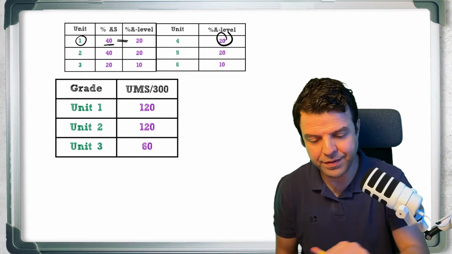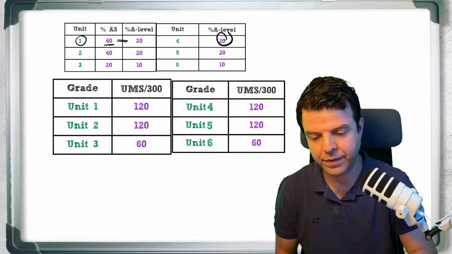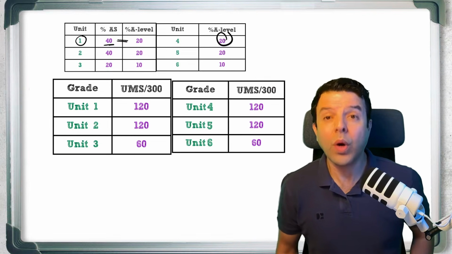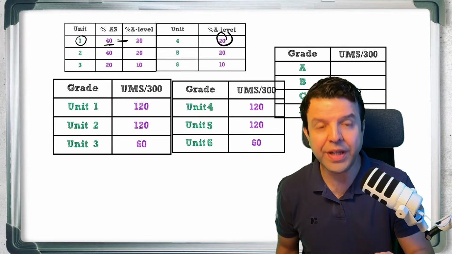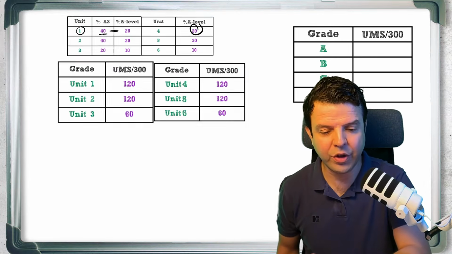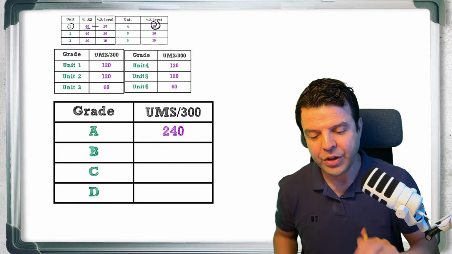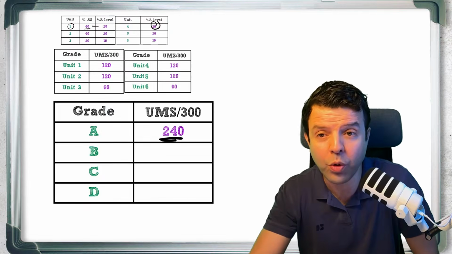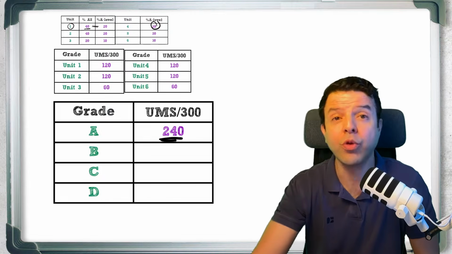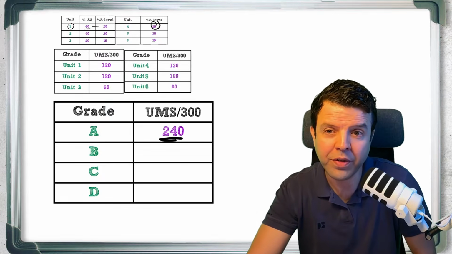The same applies to units 4, 5, and 6. Now, what it takes to score an A, as a UMS for AS first, you need 240 as a whole. So 240 out of 300 is not very difficult to score.